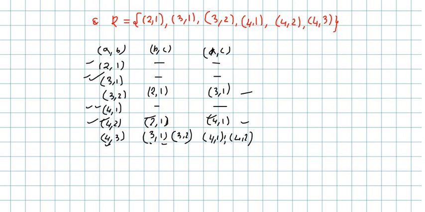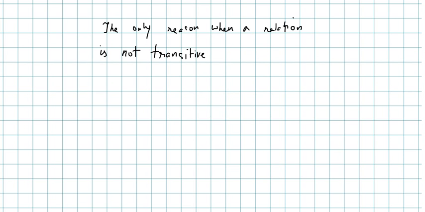You should know that the only reason when a relation is not transitive is when AB and BC are present, but AC is not present.